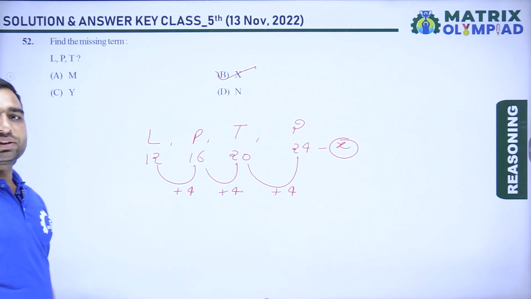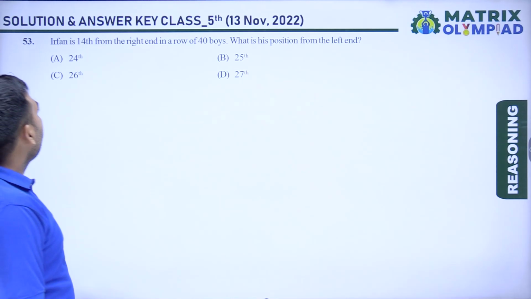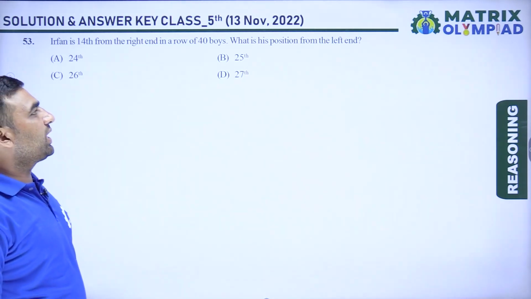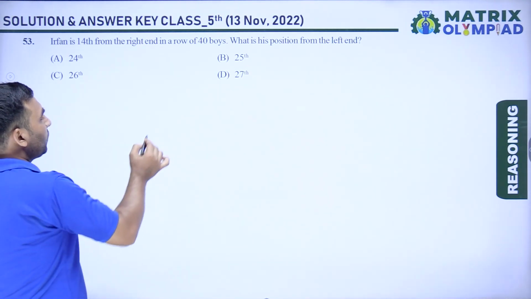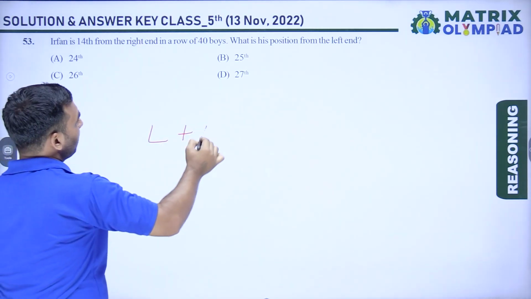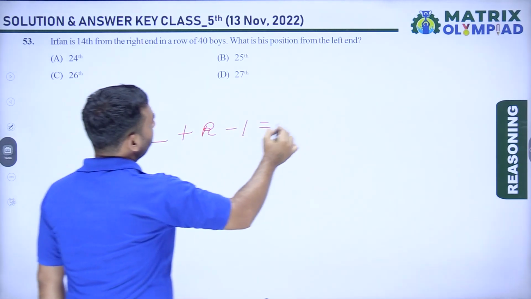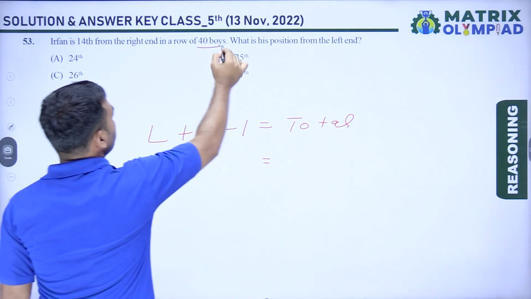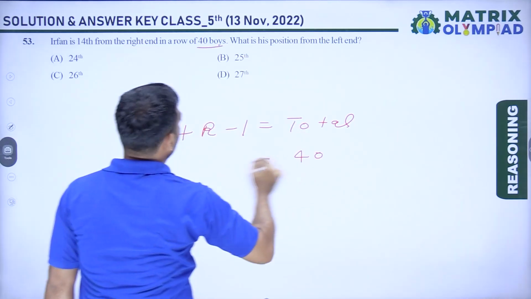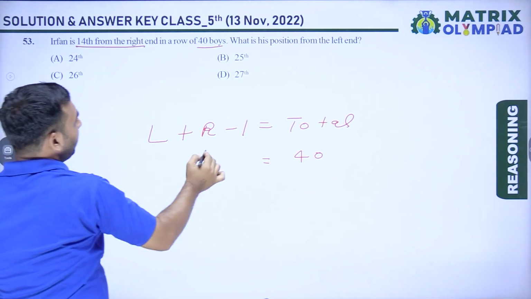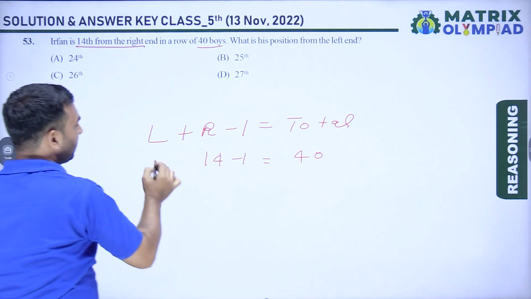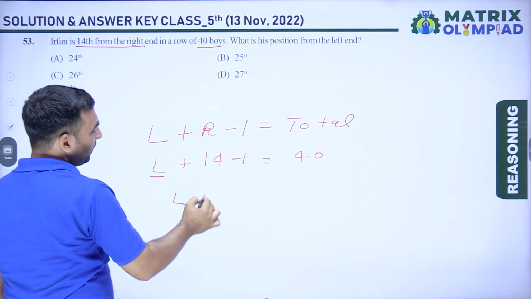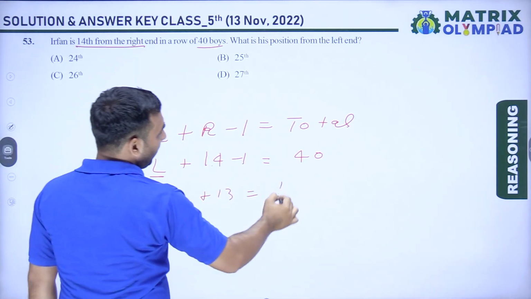X is the correct answer. Next question is, Irfan is 14th from the right in a row of 40 boys. What is his position from the left? As you know, the formula is left plus right minus 1 equals total. The total number of persons is given as 40. Right is 14, so left plus 14 minus 1 equals 40, left plus 13 equals 40.